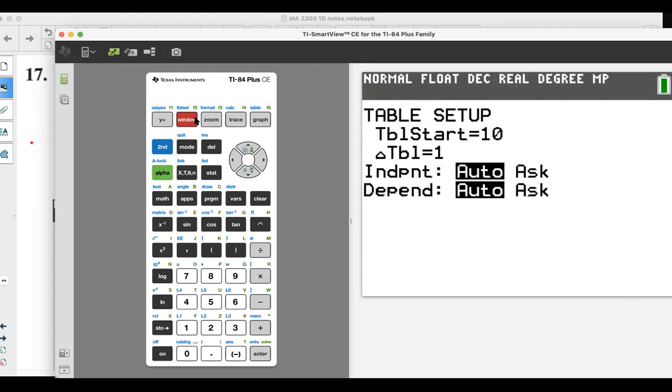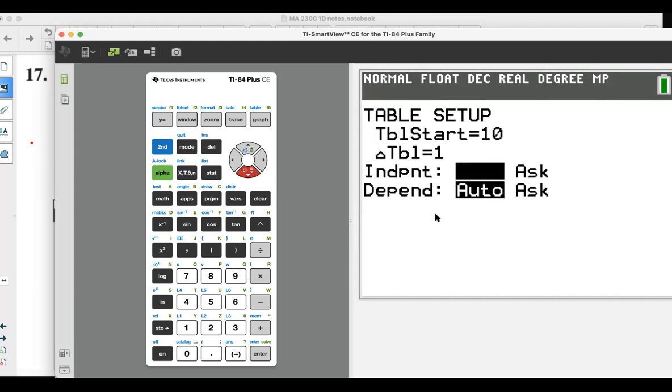When you go down here, you see independent. Independent is basically the x values. Right now it's all automatic, auto. So your calculator will automatically generate the x values, and dependent will automatically generate the y values as well.